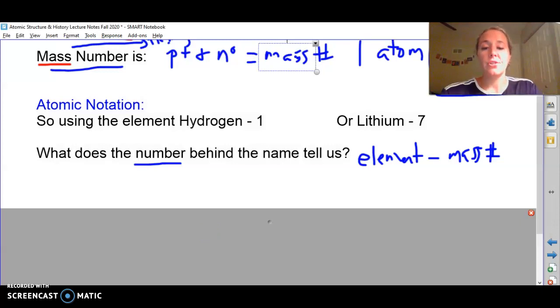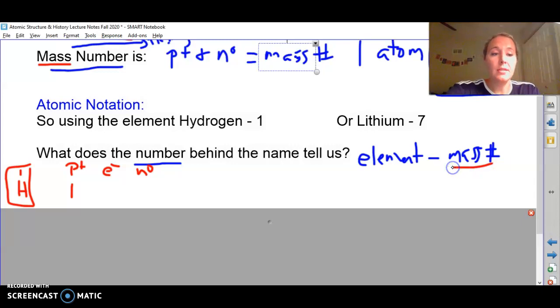So, let's see. If you have hydrogen-1, if I was asking you how many protons, how many electrons, and how many neutrons are there? Well, for hydrogen, there's always one proton. That's what makes hydrogen hydrogen, okay? It has that little 1 up top. Since it's element-mass number, and mass number is protons plus neutrons, they have to add up to 1.